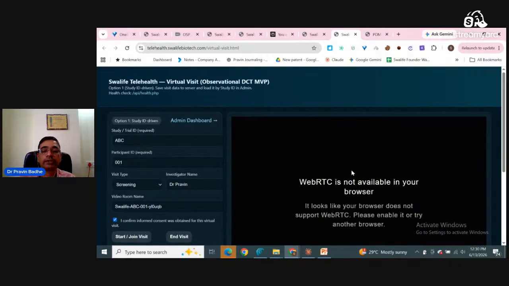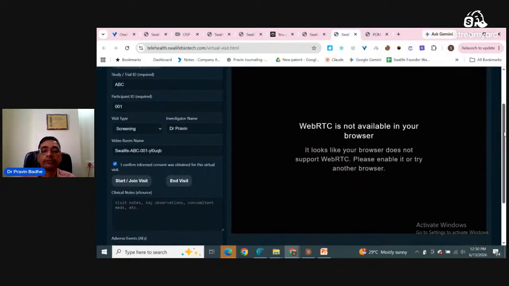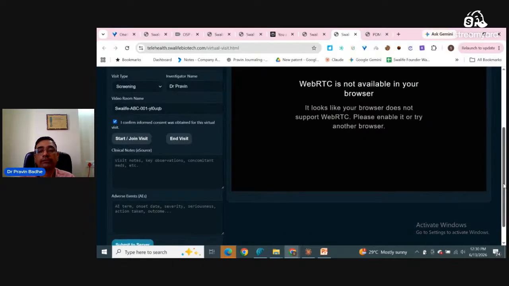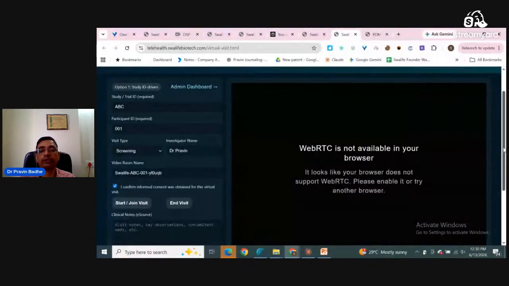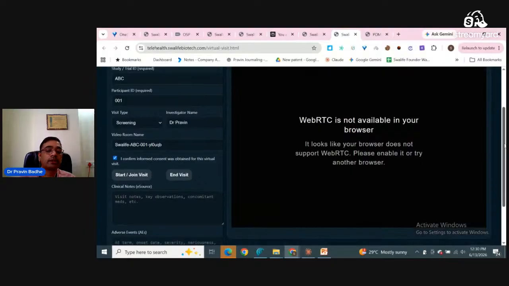You can see that it is going to connect with the platform, and once it is connected, you do the one-to-one. Because my session is going on, it is not going to connect in this browser, but once it connects, you can take the online consultation here, and you can record the clinical notes and the adverse events.